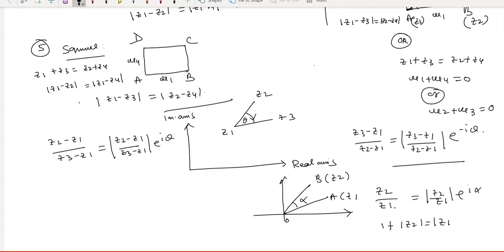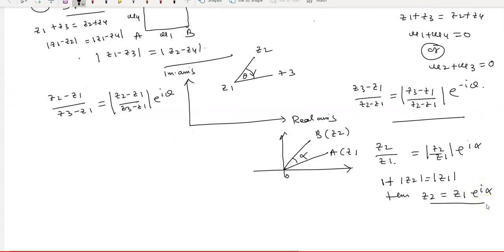Okay. If mod Z2 equal to mod Z1, then Z2 equal to Z1 e to the power I alpha. Okay. This has a meaning. If you get Z2 equal to Z1 e to the power I alpha, then can you tell me the result of multiplying a complex number?